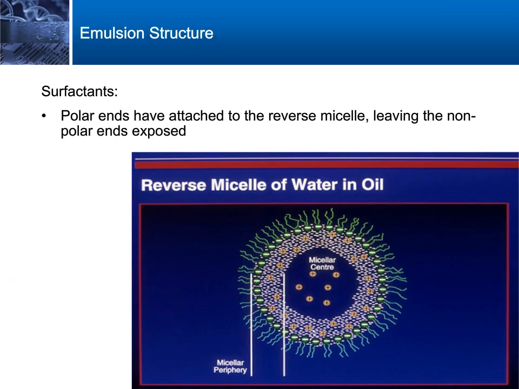Here we can see the impact of the surfactants on a reverse micelle of water and oil, where the polar ends of the surfactant have attached to the droplet, leaving the nonpolar end of the surfactant exposed. And this creates significant phenomena that make coalescing more challenging.